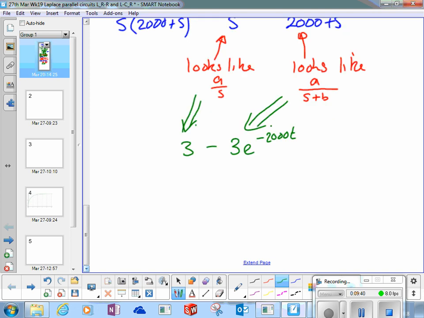Finally, we can say, so that's i of t, and then we can take the common 3 outside a pair of brackets.